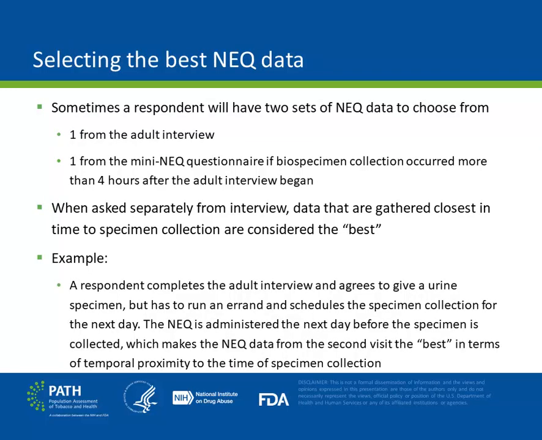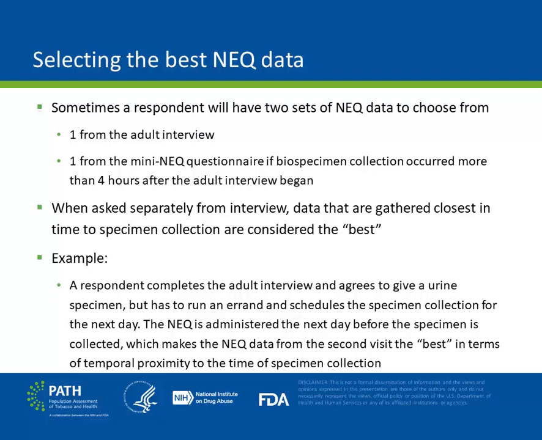Sometimes, a respondent will have 2 sets of NEQ data to choose from, one from the adult interview, one from the mini NEQ questionnaire if biospecimen collection occurred more than 4 hours after the adult interview began. When asked separately from the interview, data that are gathered closest in time to when the specimen is collected is considered the best.